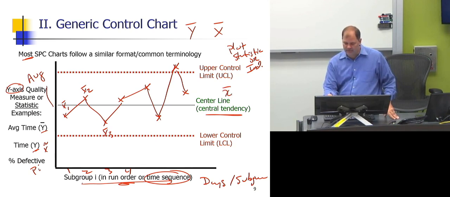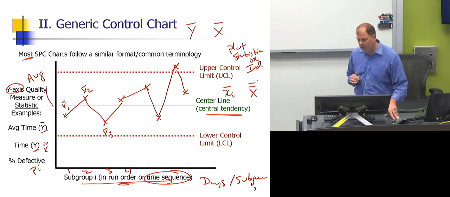What is the central tendency of x bar sub i's? If you have a bunch of averages, they're going to form around what? What do we call the averages of all the averages? X double bar.